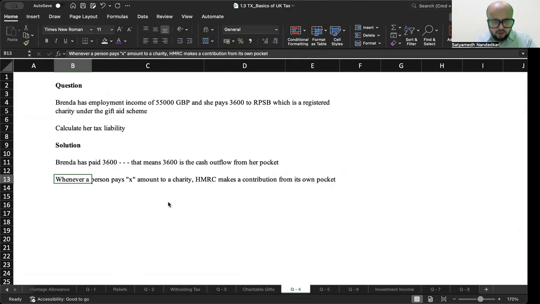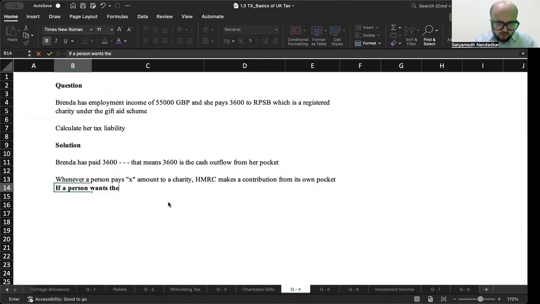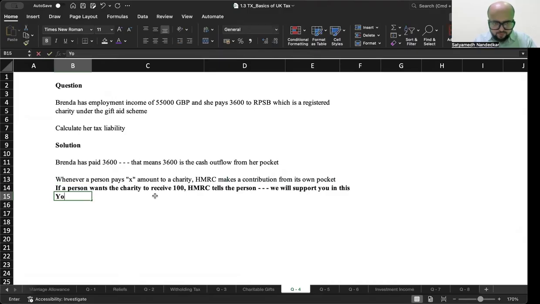So if a person wants the charity to receive 100, HMRC tells the person, we will support you in this.